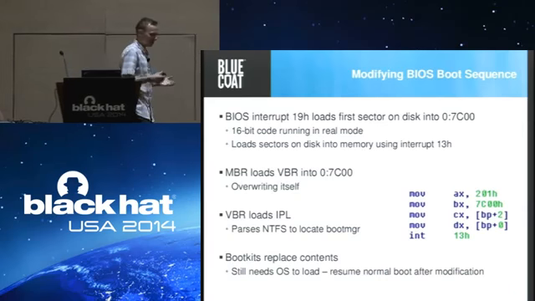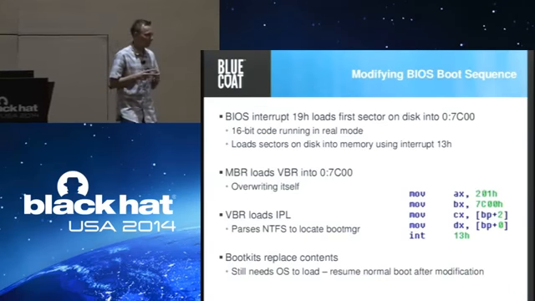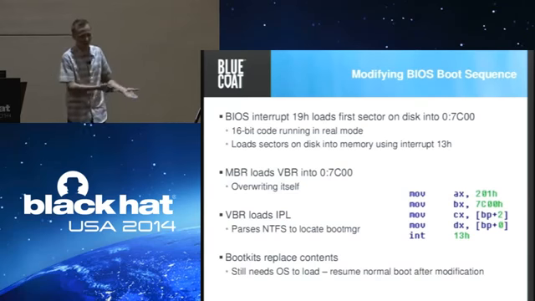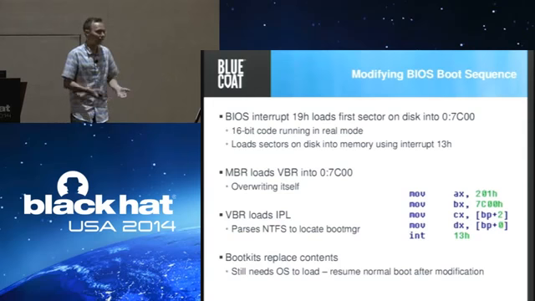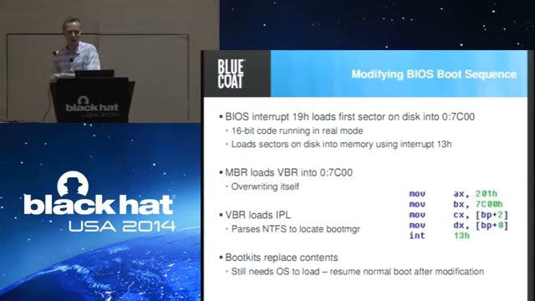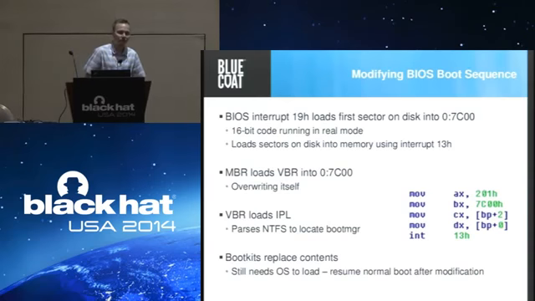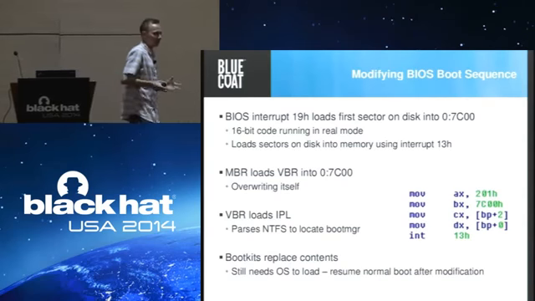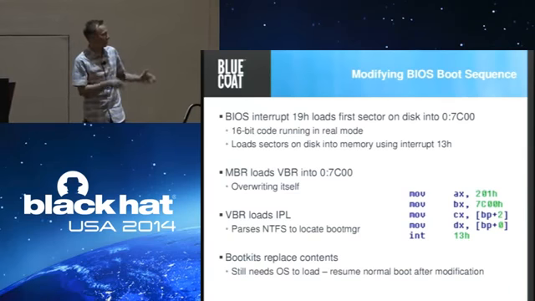The MBR consists of 16-bit code designed to run in real mode. Even though you're running a 64-bit CPU, you will actually boot up in 16-bit, and then the boot manager will flip the CPU over into protected mode and set up everything. The MBR seeks to load the next stage, which is the volume boot record, and it seeks to load it into the same address where it's currently residing.